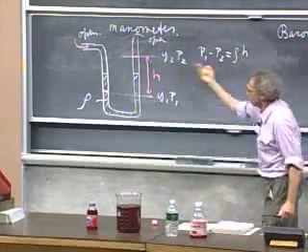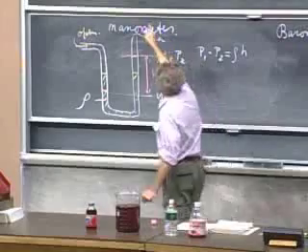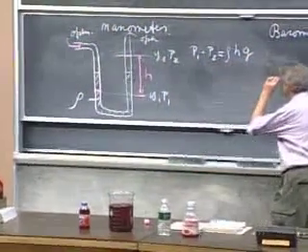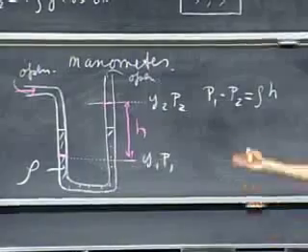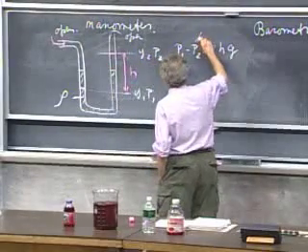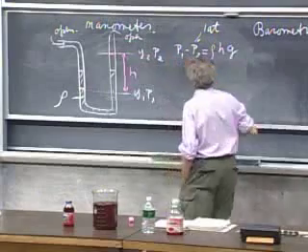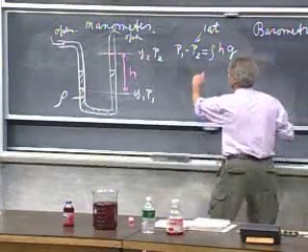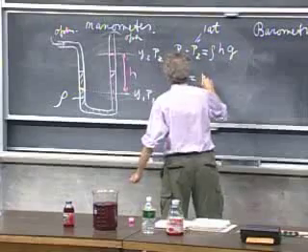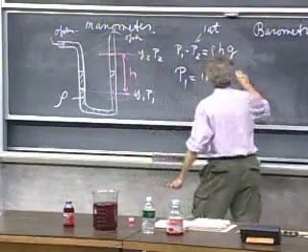I apply the law that we still have here. I know that the p2 level is 1 atmosphere, that's open to the world. So p1 equals 1 atmosphere plus rho h g.